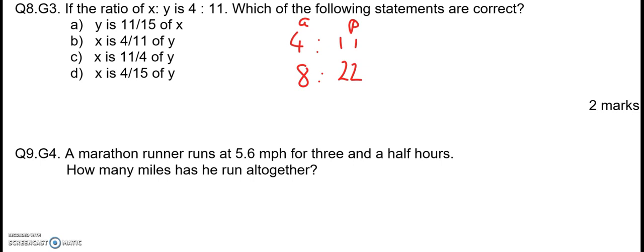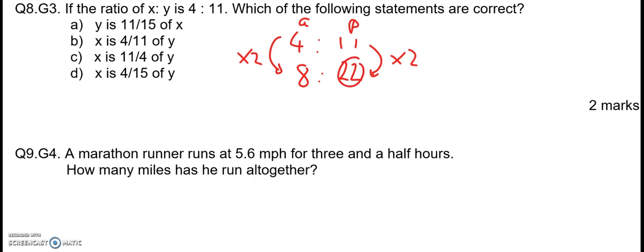Now, if I look at these numbers closely and I try and find different ways of working out 22, for example, the way that I just did it was by doubling this, so I'll double the other side as well. So this would be times 2, and this would be times 2. Now, what is another way of doing the same thing, of working out this 22, for example?